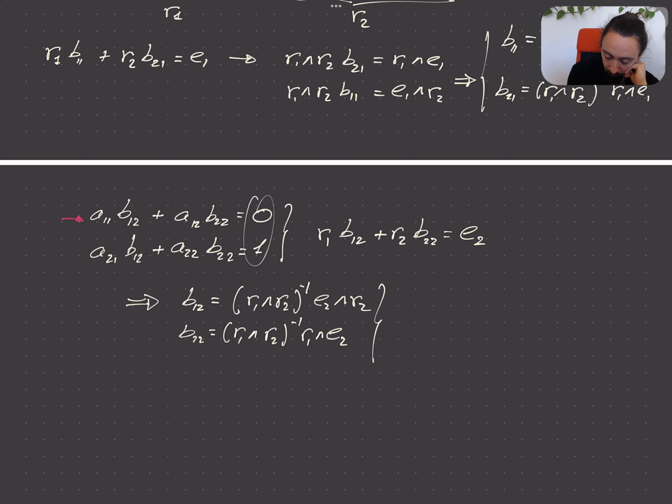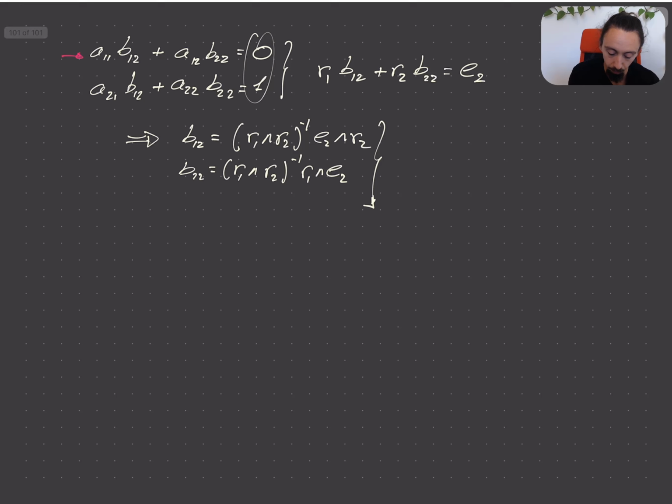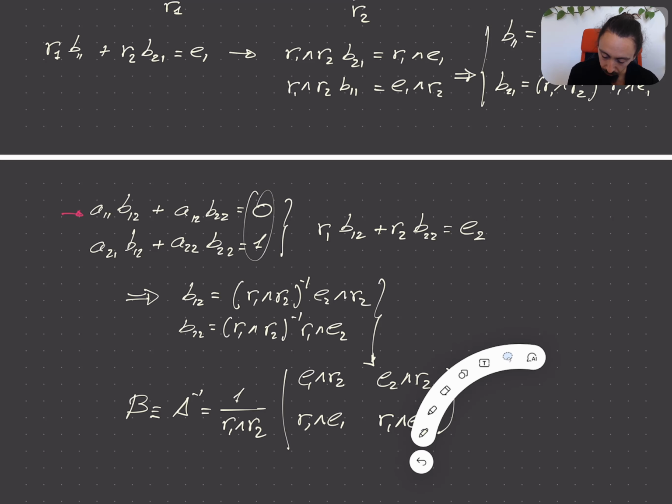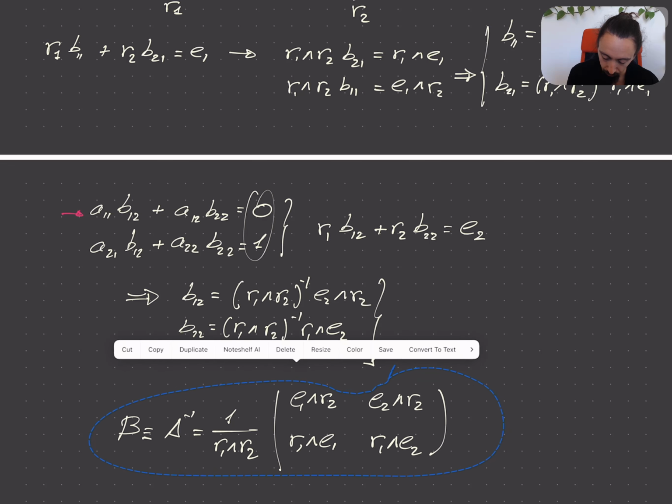And with this we can find the coefficients of our matrices, which we can write in matrix form as B, which is called A minus 1, equals 1 divided by R1 wedge R2, times the matrix with components E1 wedge R2, R1 wedge E1, E2 wedge R2, R1 wedge E2. And this is our inverse matrix.